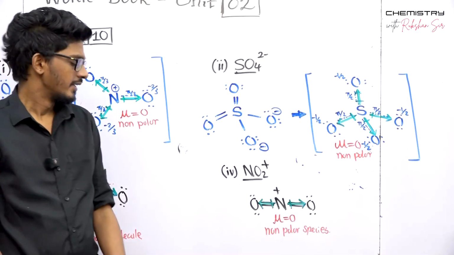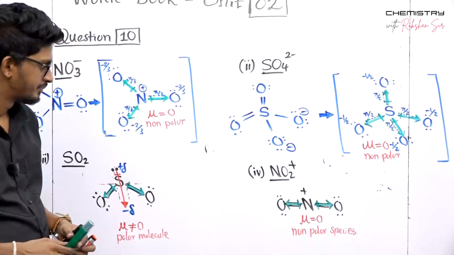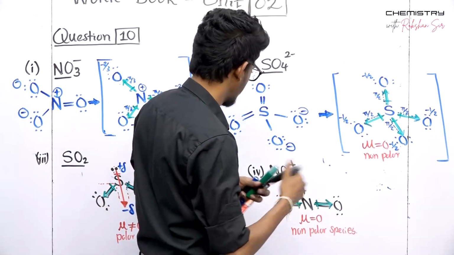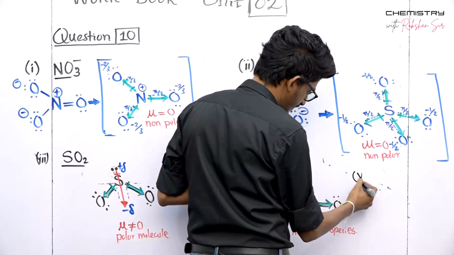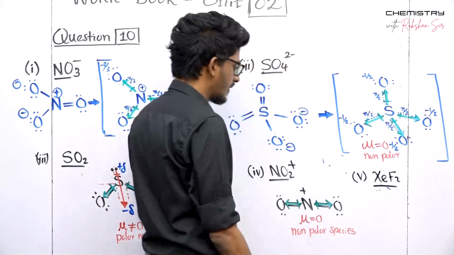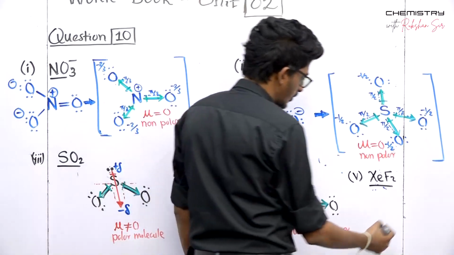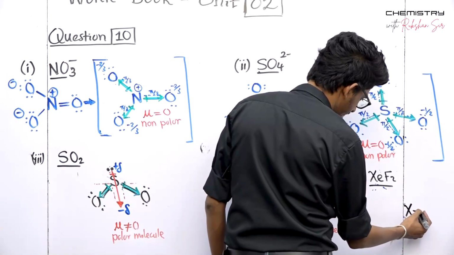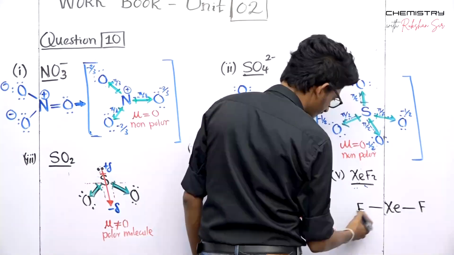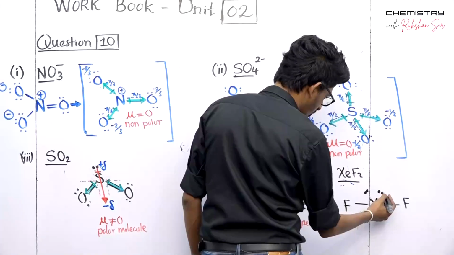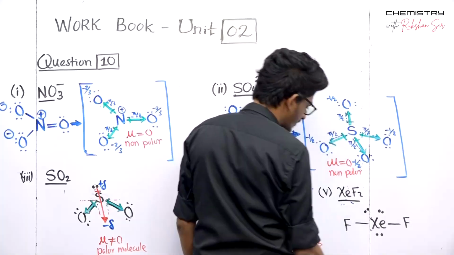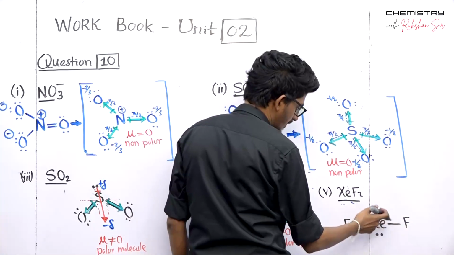Right? Let's come up with the XeF2. See the XeF2. So you can draw the XeF2. It looks like this. Xenon should have 8 electrons around it to come up as a neutral atom. So 2, 8 are there, right?